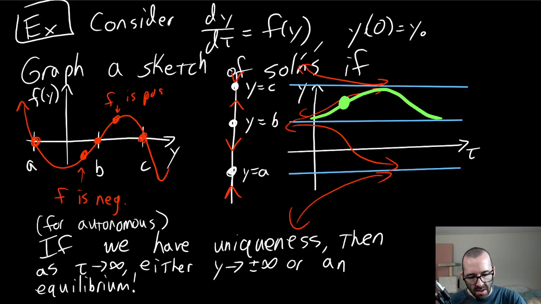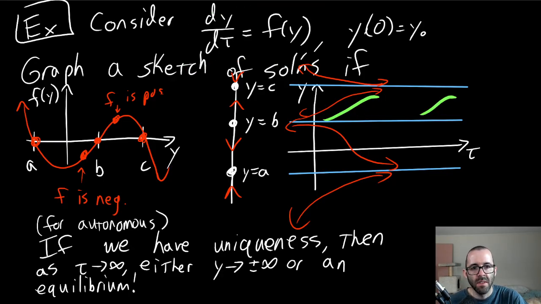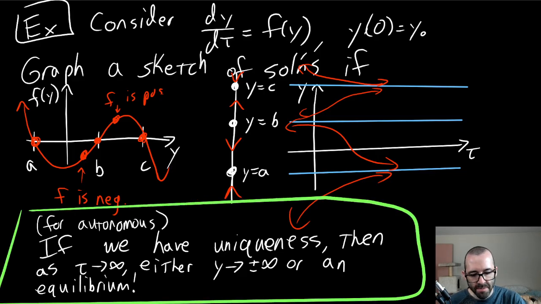If we have two pieces of the same graph and they have the same y, they have to have the same slope. That's the whole idea of an autonomous differential equation. So that's a little intuition for why this is true.